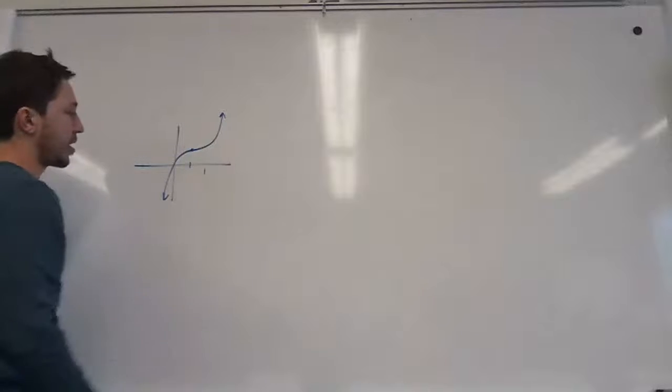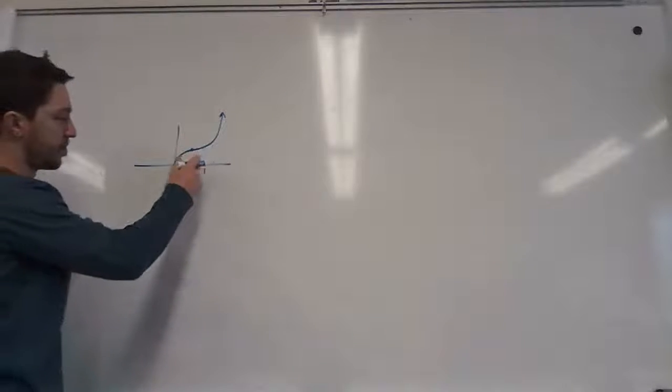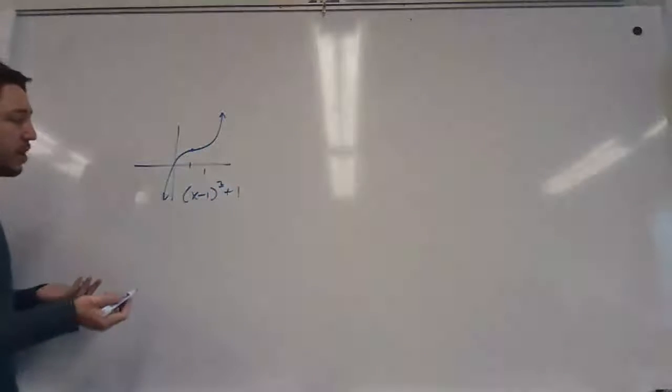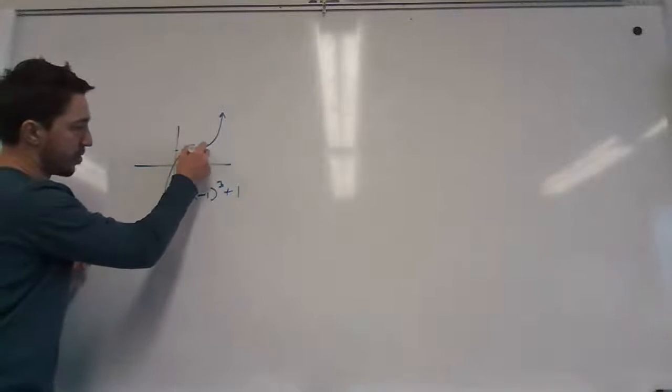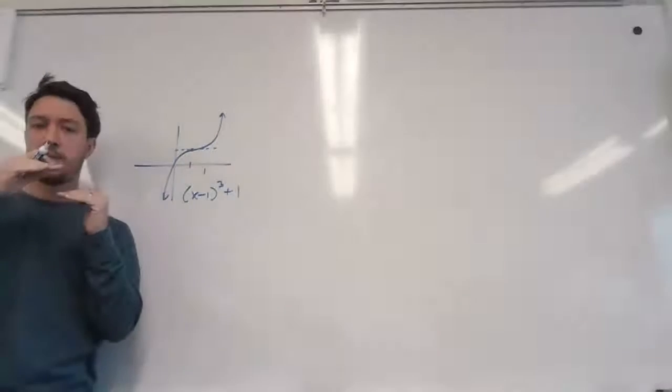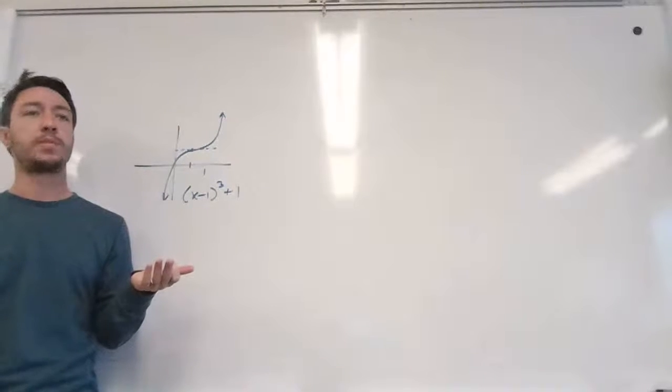So this would be something like x minus 1 cubed plus 1, a shifted cubic. But this function has a 0 derivative at 1. So you can have a horizontal tangent line without having a local max or min.